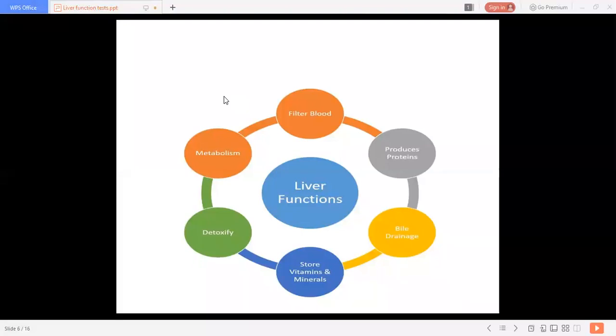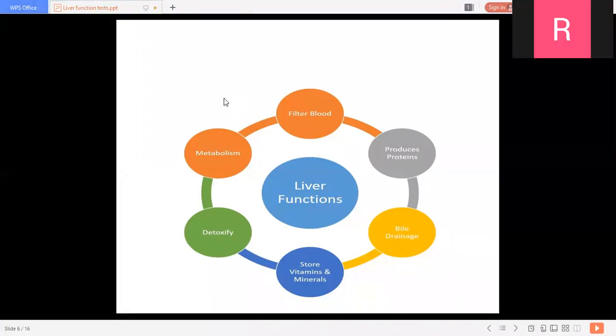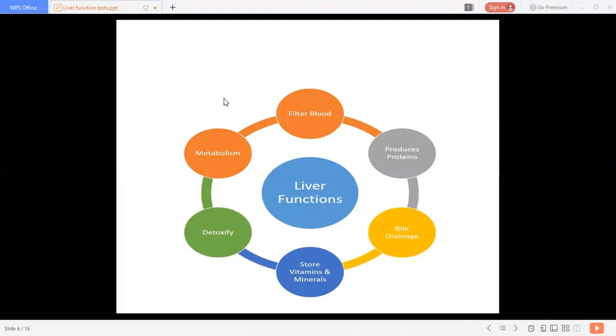So it indicates the functionality of organs other than the liver, like the heart and the pancreas. Pancreatic efficacy, then heart efficacy, also get indicated by judging the levels of GGT.